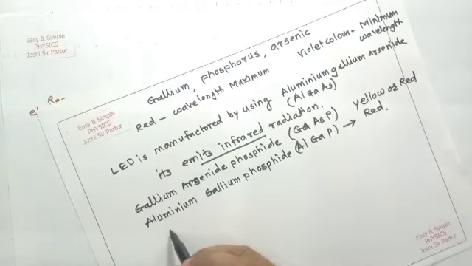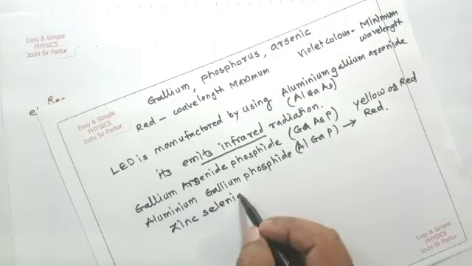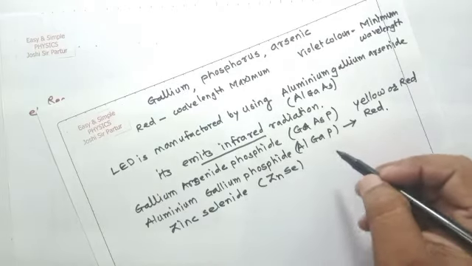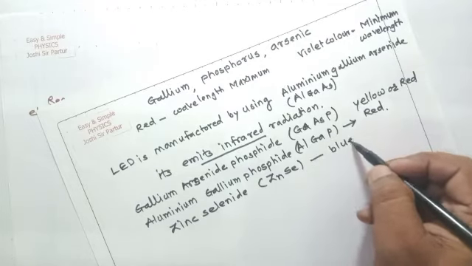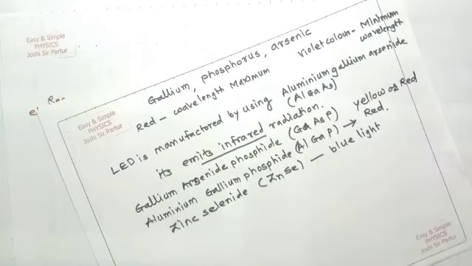And zinc selenide, ZnSe, emits blue light. Means the fabrication of LEDs using different materials produces different wavelengths and colors of light.